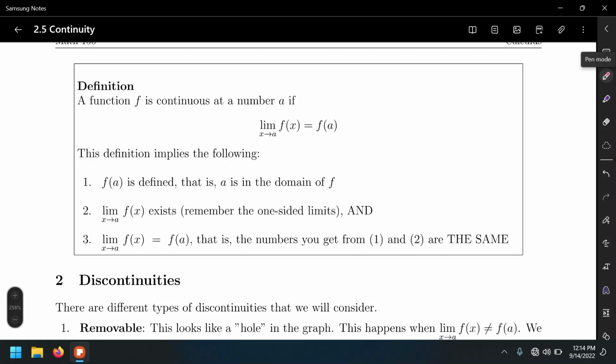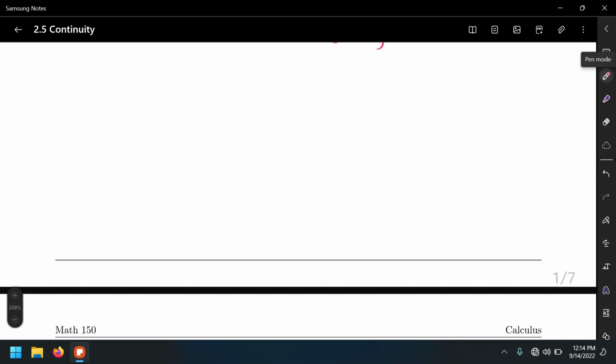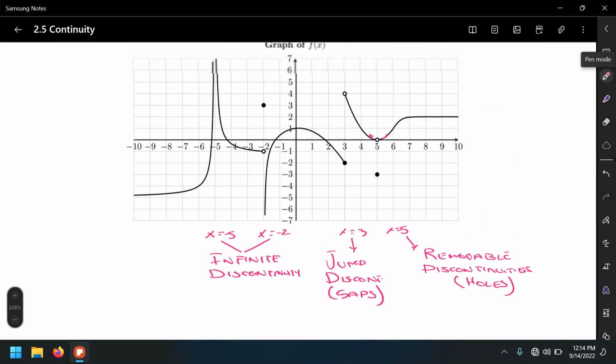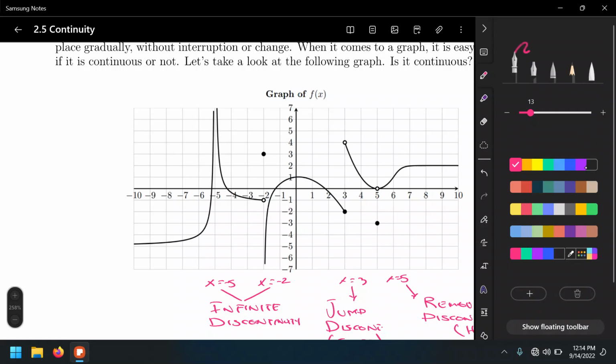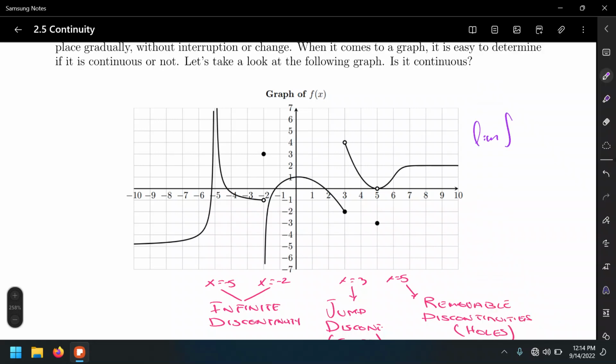Let's go back to the graph. You might remember we did an example of finding a limit versus evaluating a function. For example, let's focus on the number 5. What's the limit as x approaches 5 of f of x?